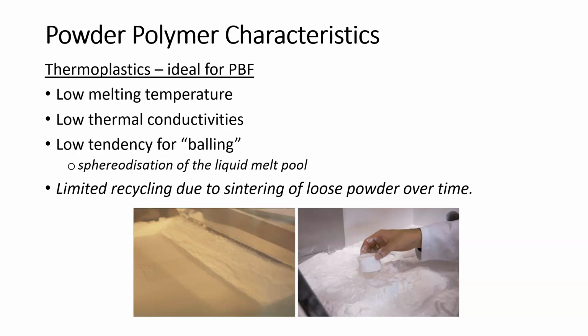So let's back that up and try to figure out what that means. The liquid melt pool is basically the specific area where the laser is melting the plastic, or the powders. So think of that as a little melt pool, a puddle.